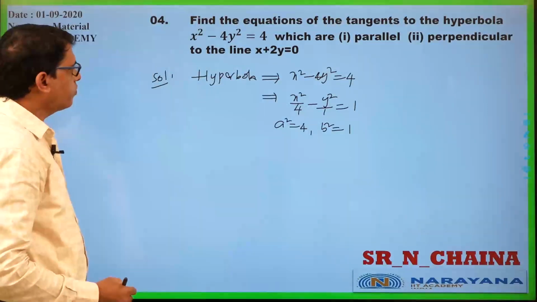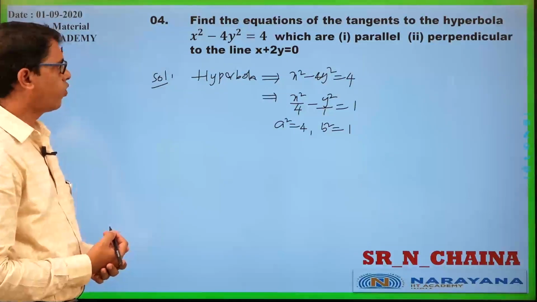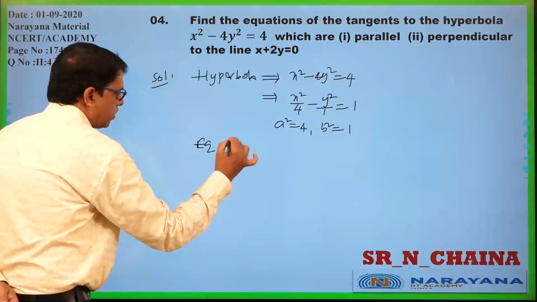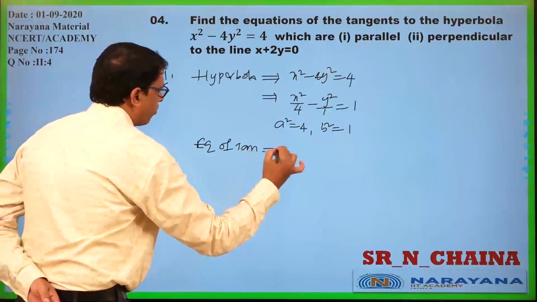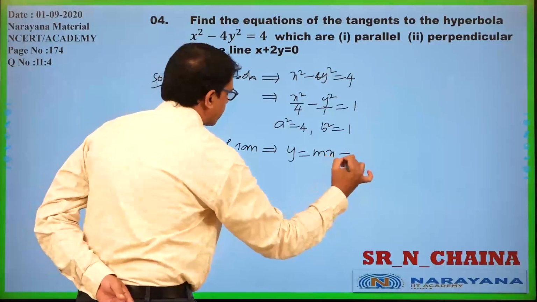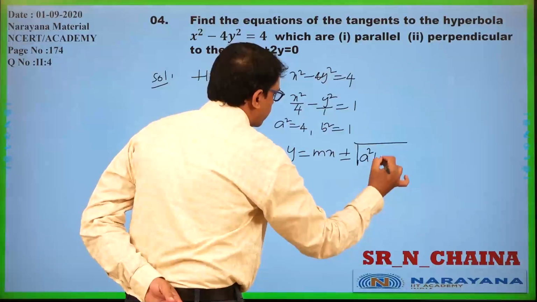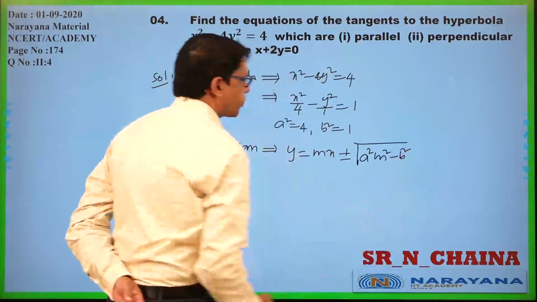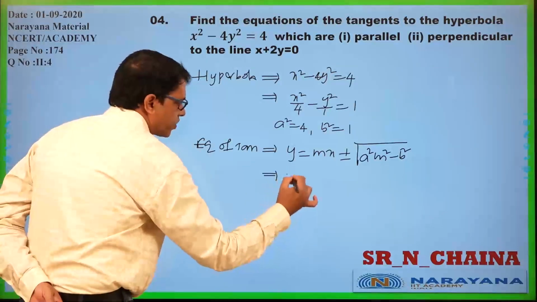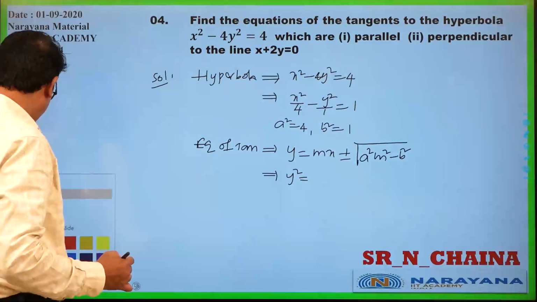Now the equation of tangent in the slope form is y is equal to mx plus minus root under a square m square minus b square. Write the values of a square and b square. Y is not y square, it is y.